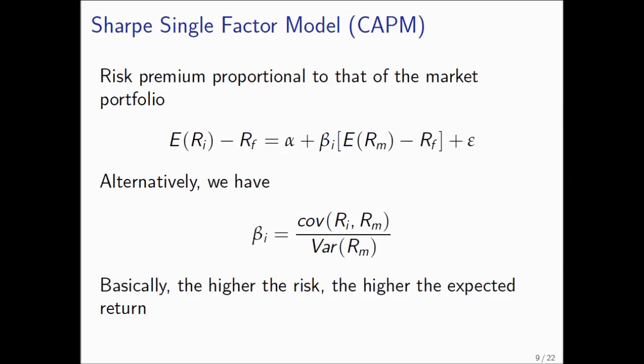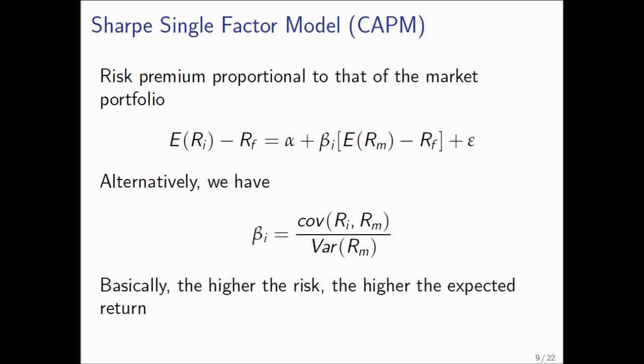So the CAPM model formally says the excess return of a security has a linear relationship with the market excess return, and this beta is the sensitivity to it. Alternatively, if we run the regression, we can write it as covariance over variance.